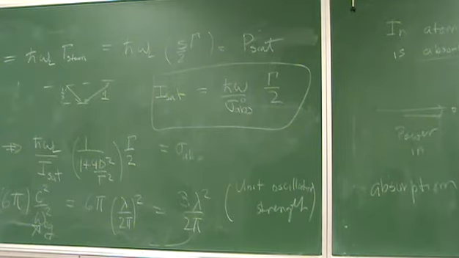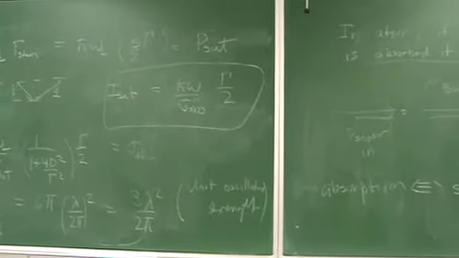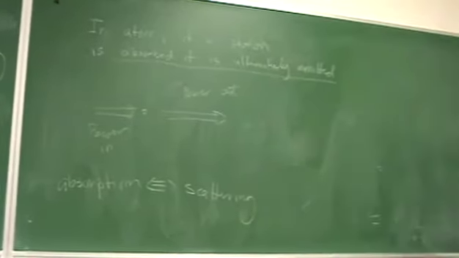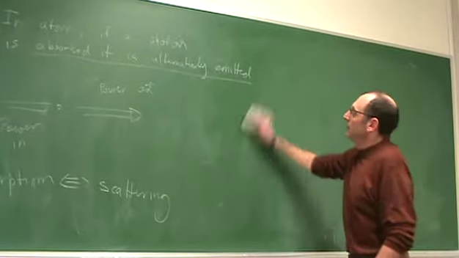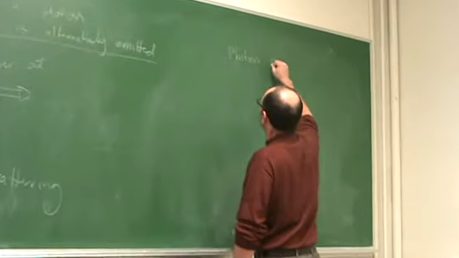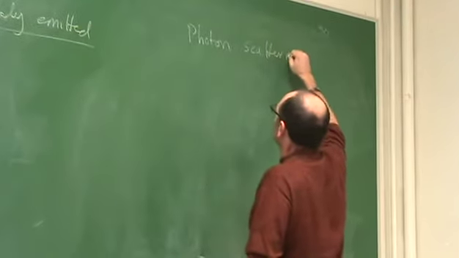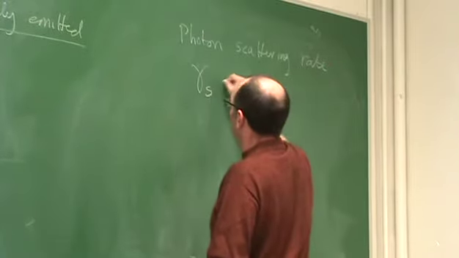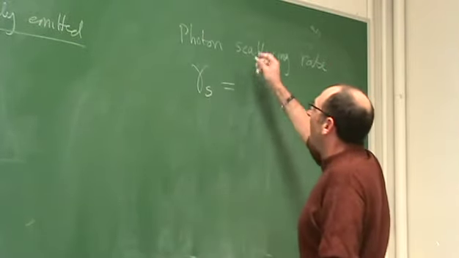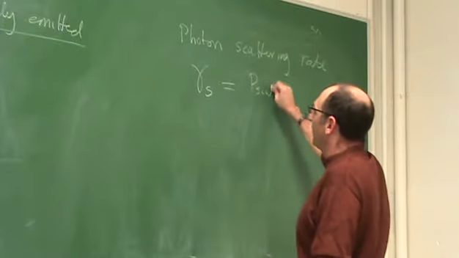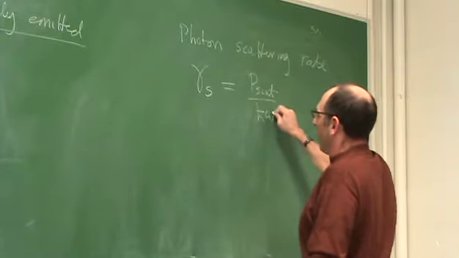And from this, I get the so-called photon scattering rate. So the photon scattering rate, which I'll call little gamma sub s, is the scattered power per h bar omega.